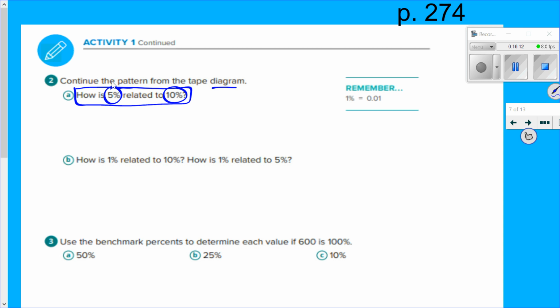Did you see how we phrased the last three? Aubrey? There are two 5% in 10%.